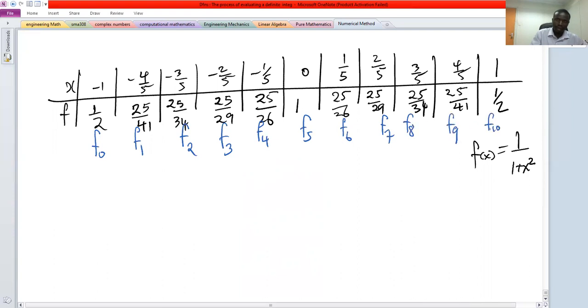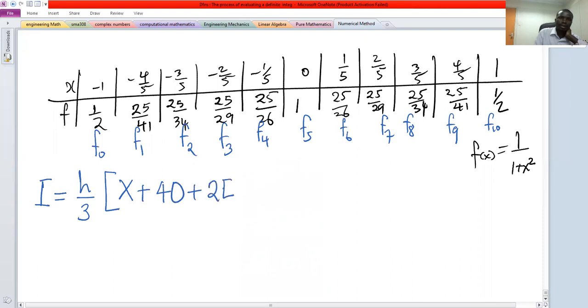So by Simpson's third rule, the formula is h over 3 into X plus 4O plus 2E.